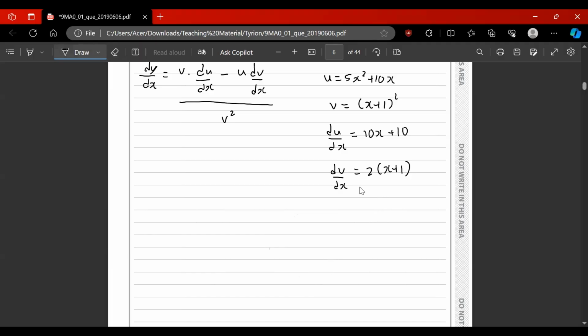Now that we've arrived at this point, we found our variables for u, v, as well as the derivatives. We can now apply it back into our quotient rule.